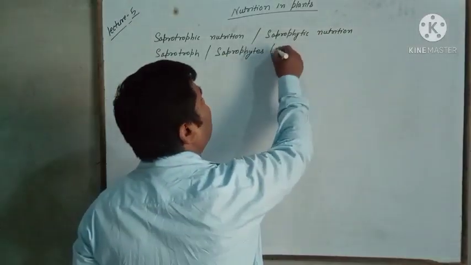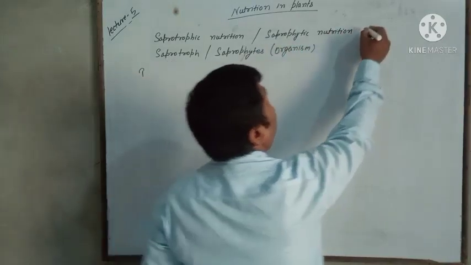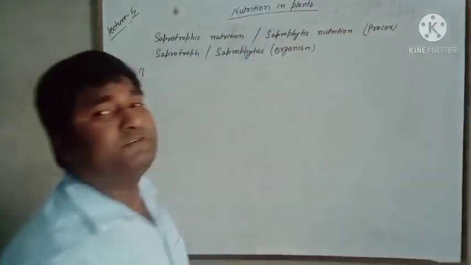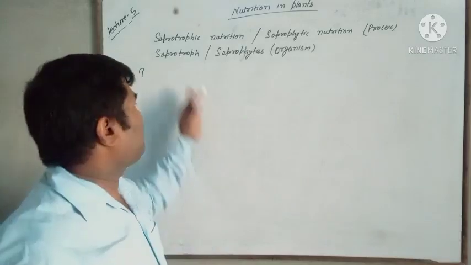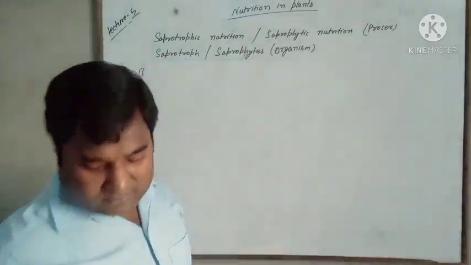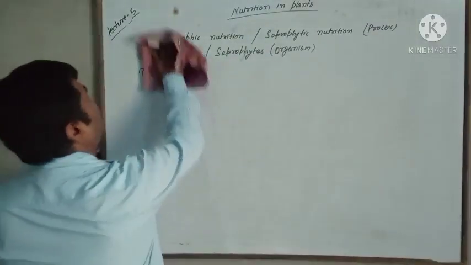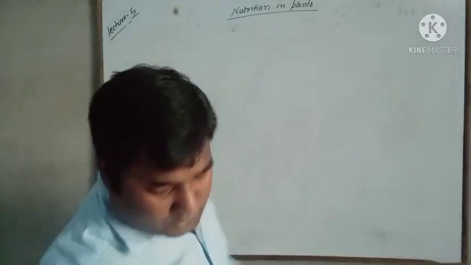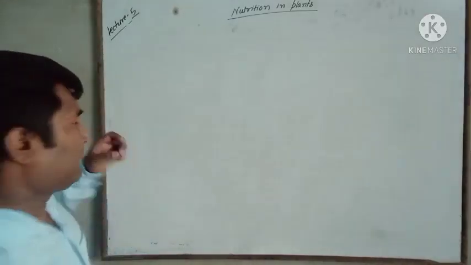So these are the organisms, and this is the process, the mode of nutrition. For example, when we talk about saprophytes, we are talking about fungi, mushroom, mold, and yeast. Okay. So today we are going to see insectivores or carnivorous plants.